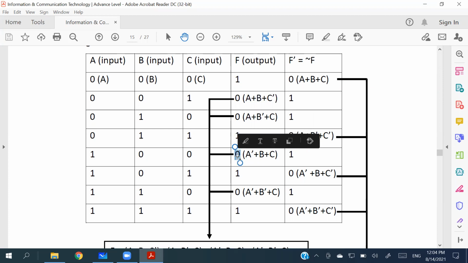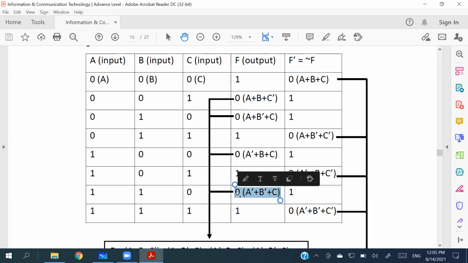So we consider this 0. The 0 has 1, 0, 0. So this 1 indicates A bar, this 0 indicates B, this 0 indicates C. So you can write A bar plus B plus C. And we disregard this 1 again.